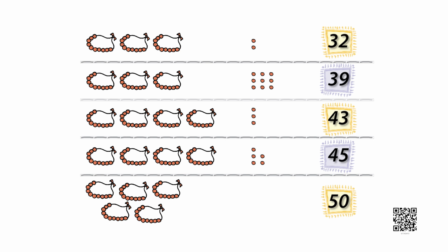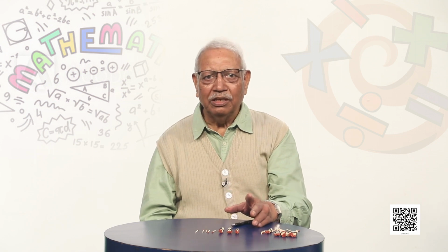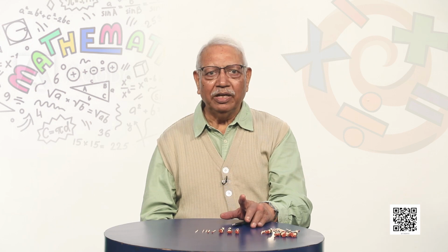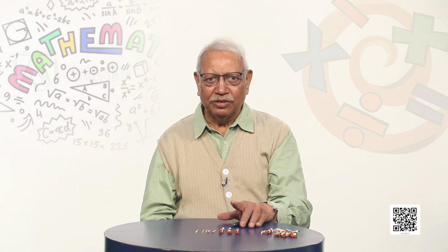Now, the question is how do we write 50? We can speak 50 by counting tens, that is 10, 20, 30, 40, 50, but how do we write 50 is the question. For writing 50 we will count the number of tens.